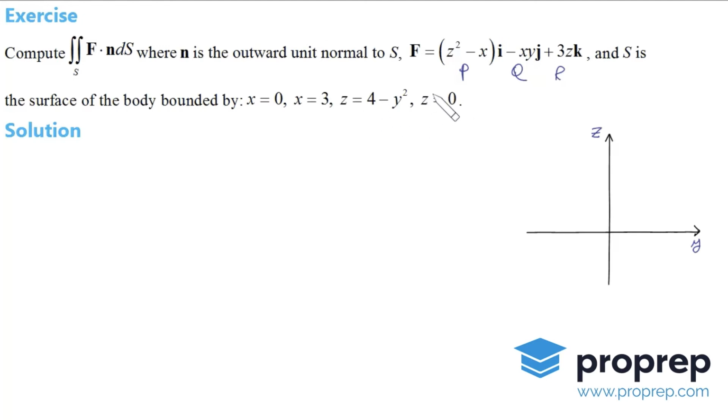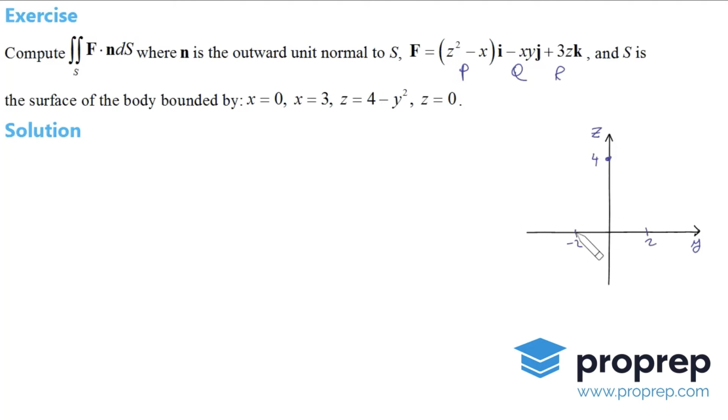Z equals 4 minus y squared is an inverted parabola, and if I look at where it cuts the axes, when y is 0, then z is 4, and when z is 0, then I get y squared is 4, so y is plus or minus 2.